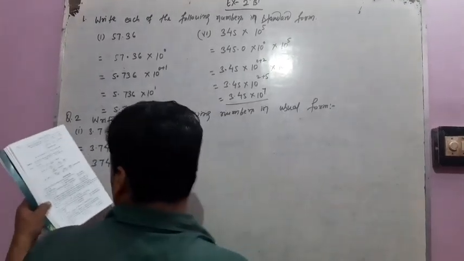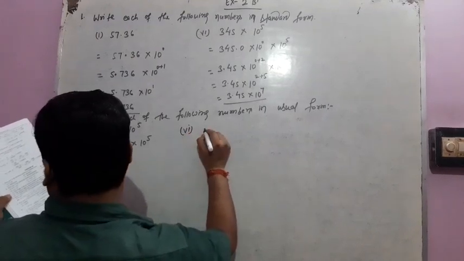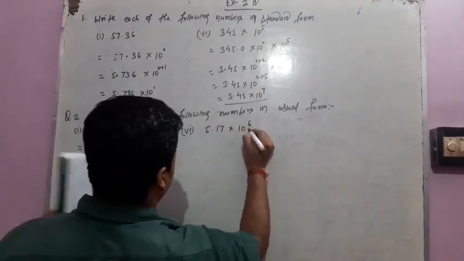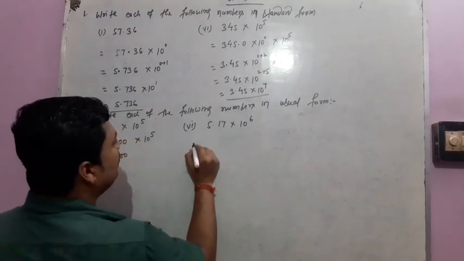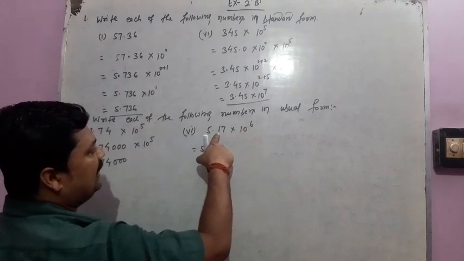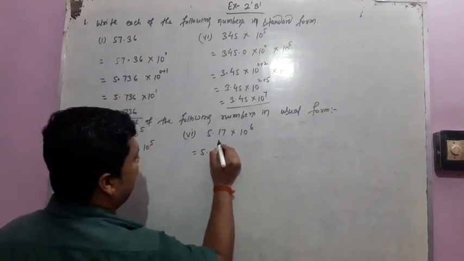Look at one more example here. Question number 6: 5.17 into 10 to the power 6. Now how many digits are required here? What is the power of 10? 6. So after the decimal, 6 digits are required, but only 2 digits are present here.